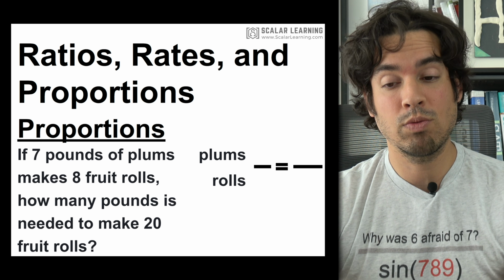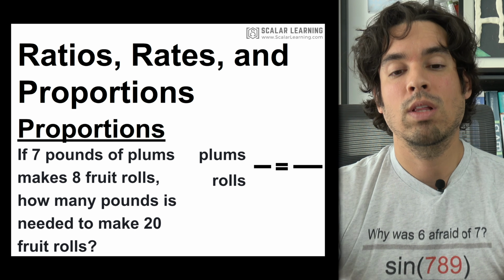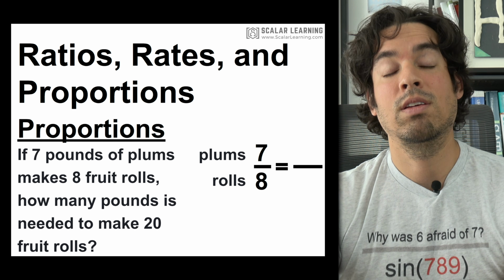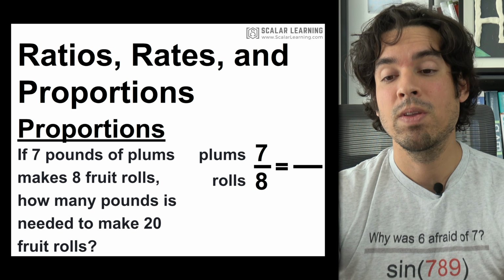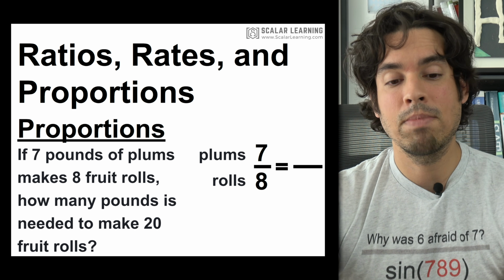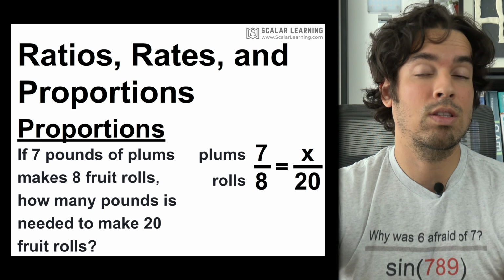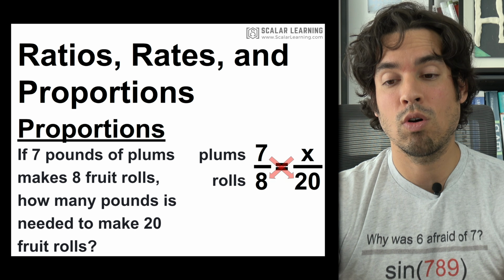Now we get our framework for the proportion, right? Because we know it's going to be a fraction equals a fraction. Well, I know on the left side, I've got 7 pounds of plums to make 8 fruit rolls. So you notice how those two are together, they're paired up. And on the other side, we need to make 20 fruit rolls, but I don't know the amount of plums we need. That's why there's an X in that position. All right, to solve for this, we again cross multiply.